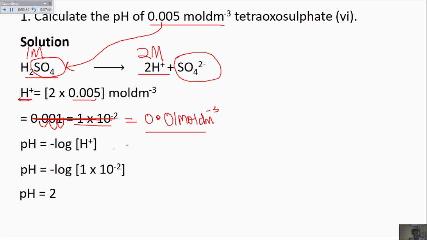Then I have to convert this to standard form. Moving from right to left, count 1, 2. Therefore, in this case, I'm going to have 1 times 10 raised to power minus 2.